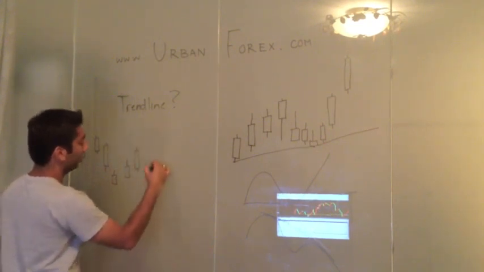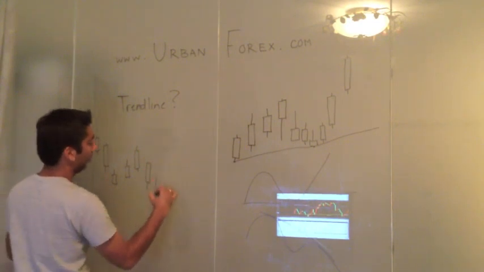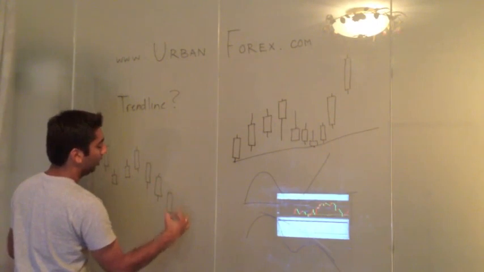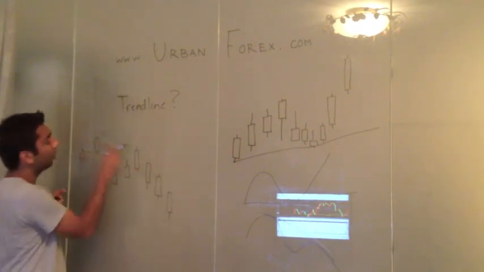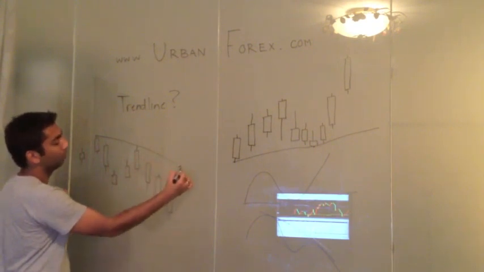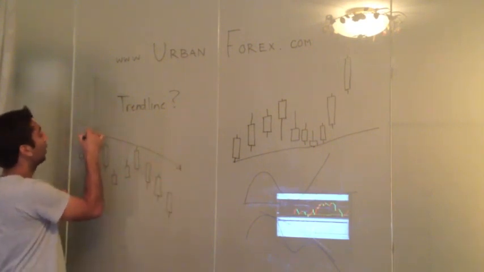And then it continues down again. This is a downtrend example. You connect your tops from here to there. It gives you an idea which way the market is going.